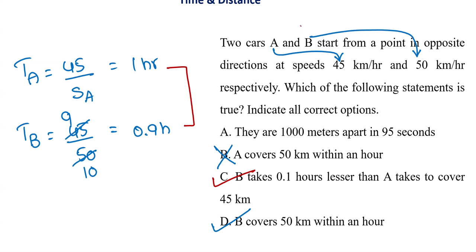Whether they started from the same point or not: two cars A and B start from a point. In opposite directions means they are starting from the same point, one going this way, one going that way.